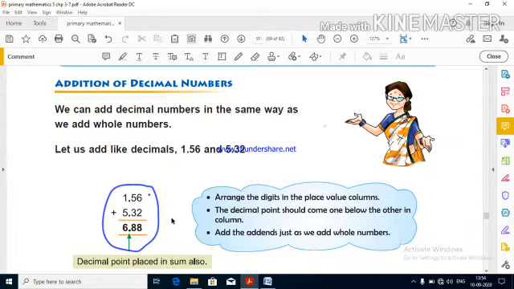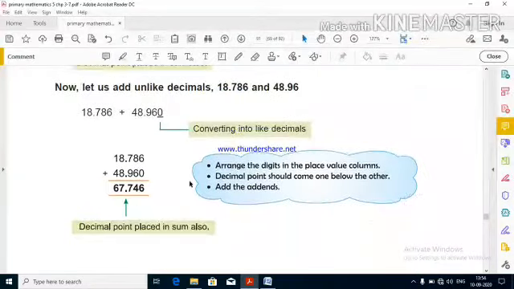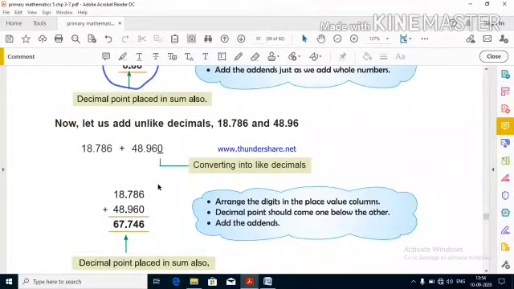In addition and subtraction, all the steps and all the processes are the same, but here there are only decimal numbers, and previously we learned about the addition and subtraction of numbers. Okay, let us start our worksheet 1 so that your concept may be clear.